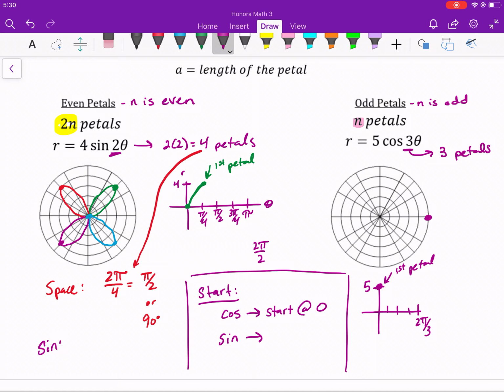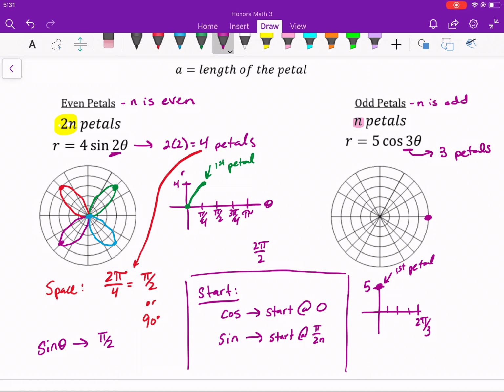If we're doing sine of theta, the maximum is going to be at pi over 2. If we do sine of 2 theta, it's at pi fourths. So you're always going to start at pi over 2 times the n, whatever the n is. So just as a quick little hint to find your starting point so you don't have to make a reference graph. The reference graph is helpful though if you need it.